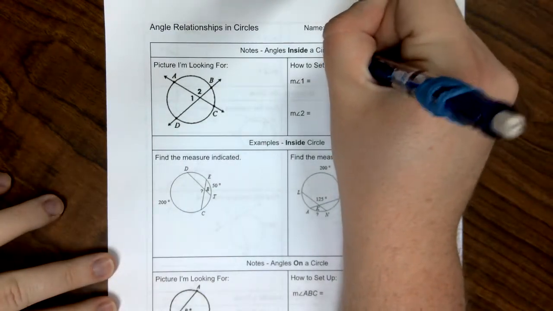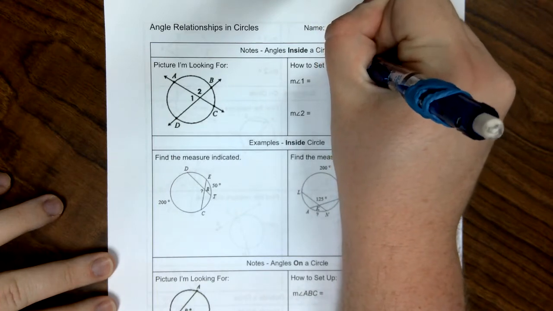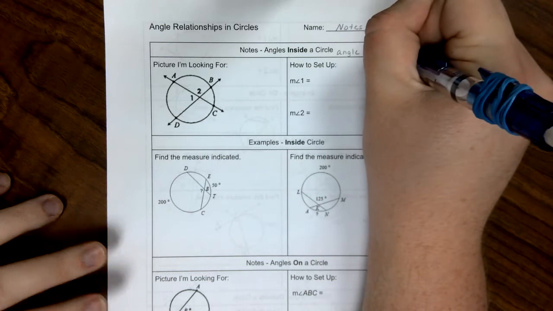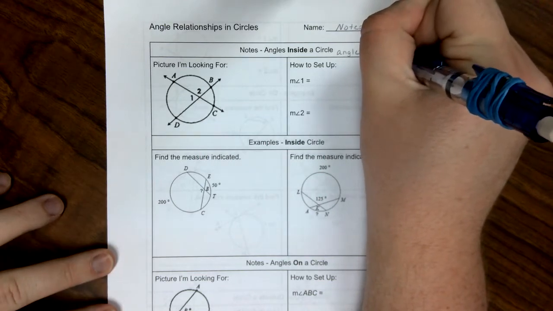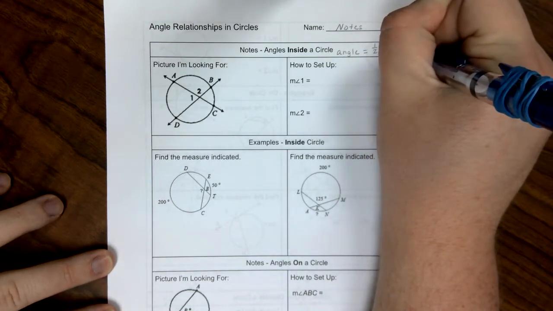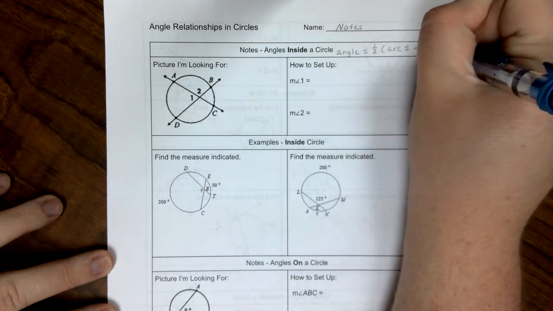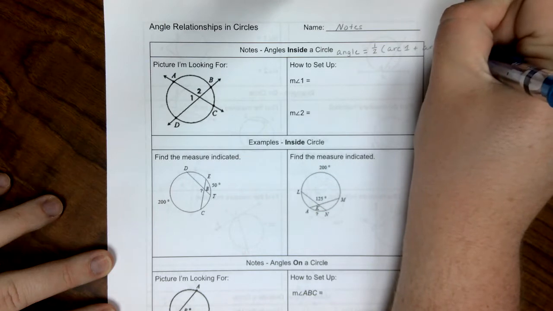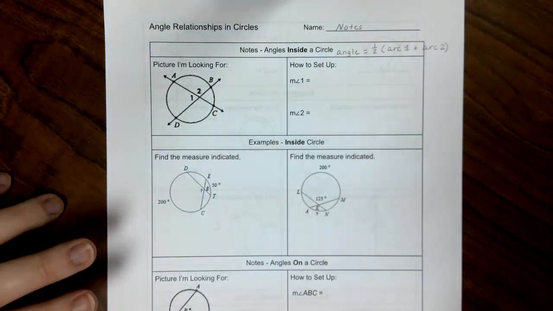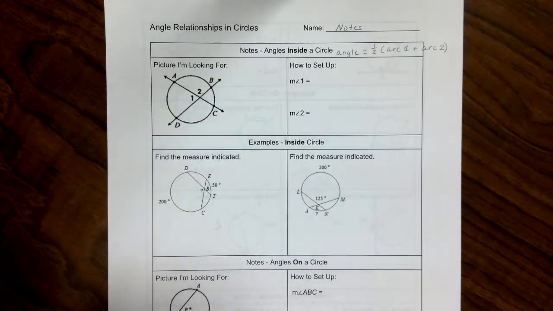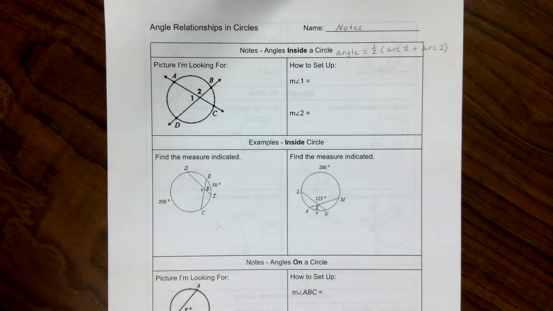So I'll go ahead and tell you the relationship so you can keep it up here. The angle that is formed inside the circle is 1/2 times the arc 1 plus the arc 2. Now, it'll make more sense as we go along, but that's what you need to know inside.